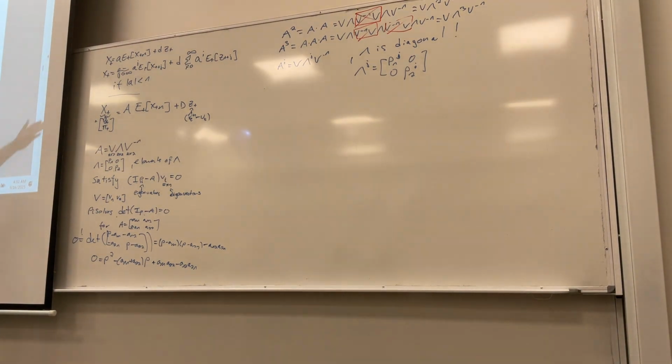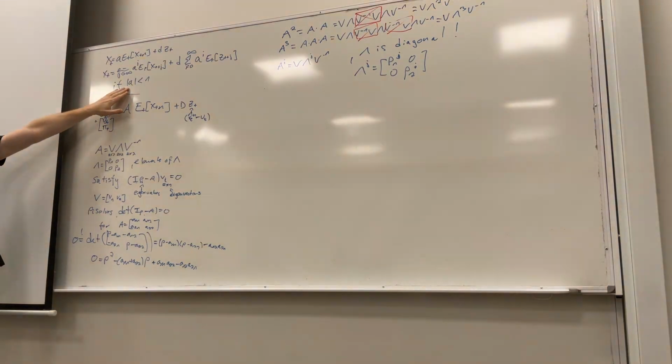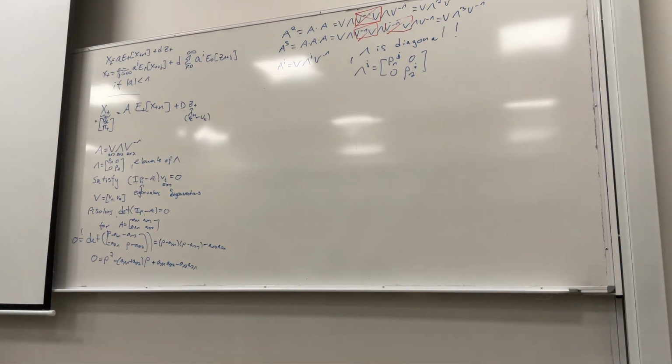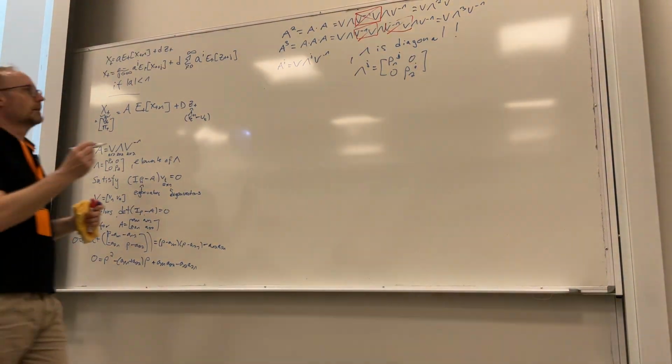We have a vector, we have two variables, and so we kind of need to find two different eigenvalues, and both of these need to be less than 1 in absolute value.